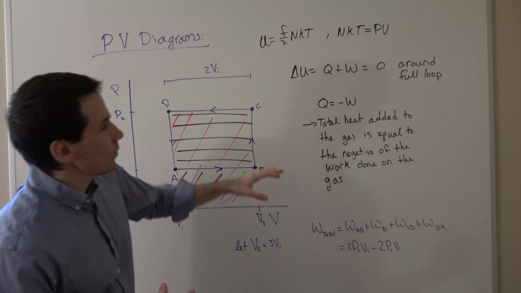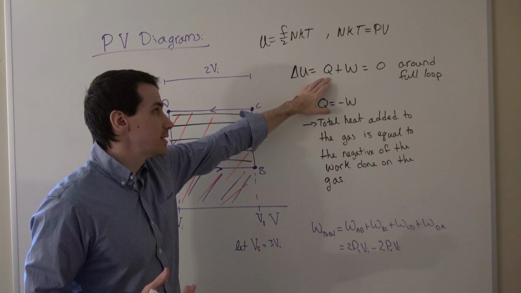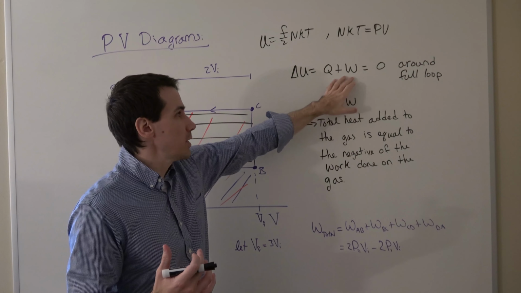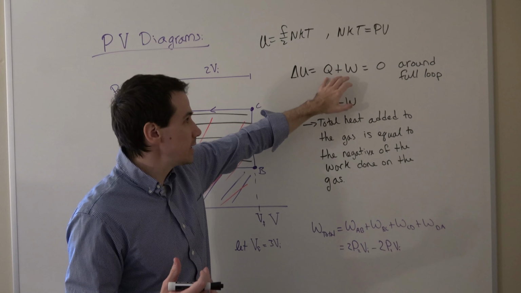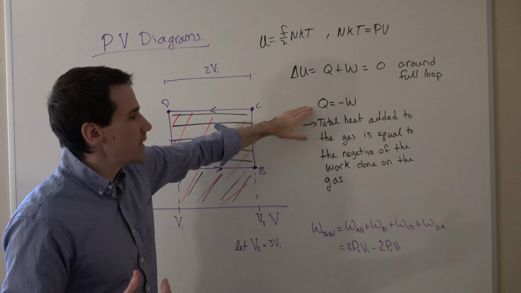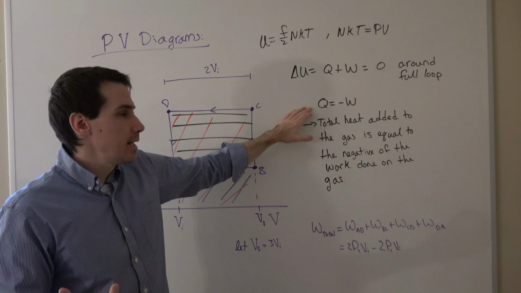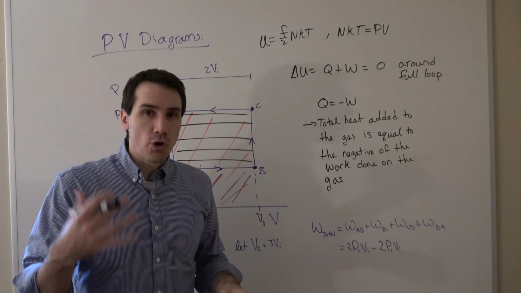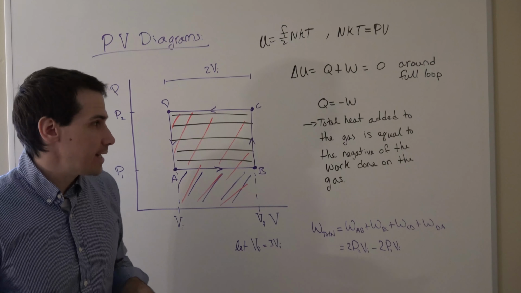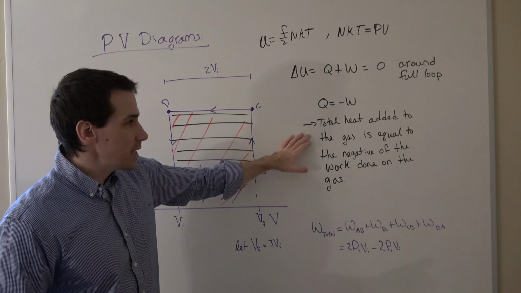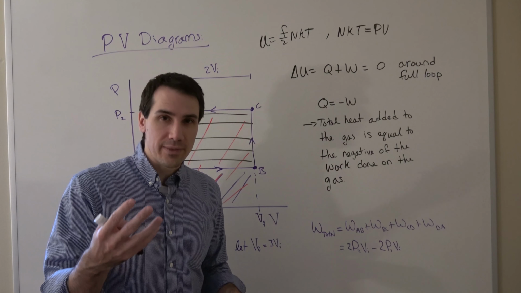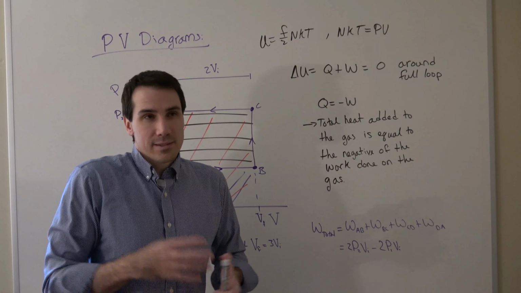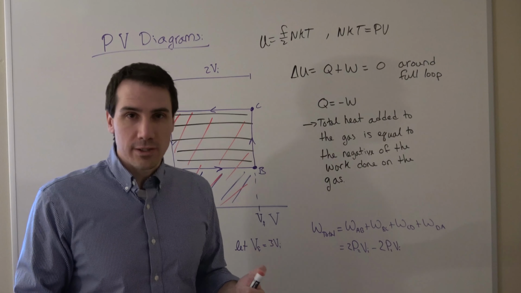And because the total change in energy is equal to the work done on the gas plus the heat added to the gas, Q plus W, we find that the heat added to the gas is equal to the negative of the work done on the gas. This is simply a statement of energy conservation.